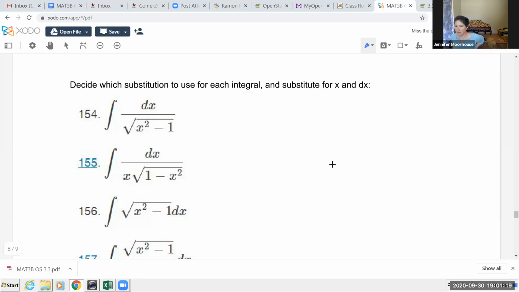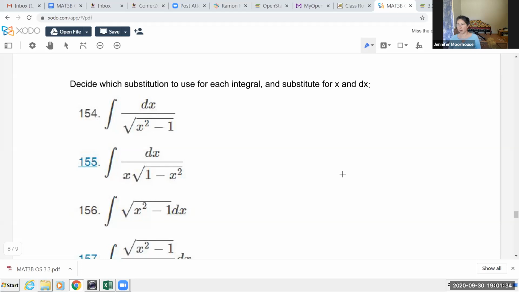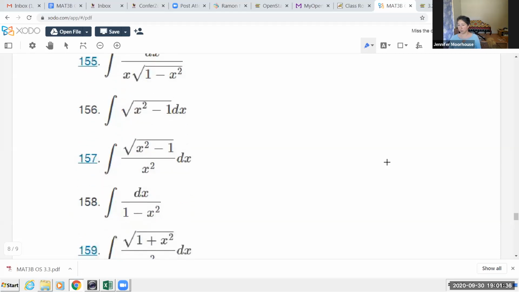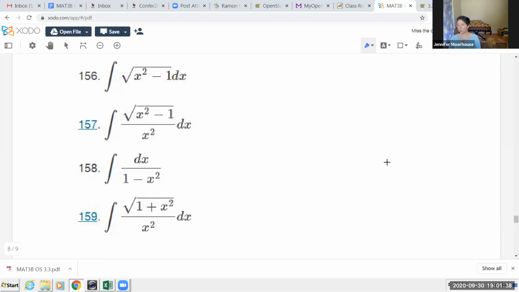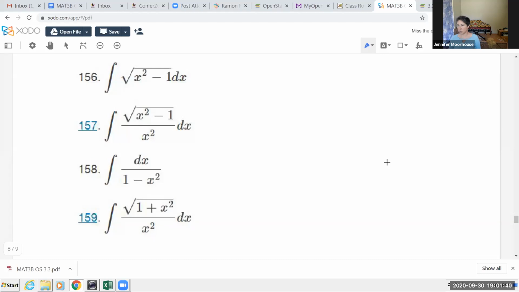For each one of these integrals, I want us to think about what substitution you would make. Try to go back through your notes and see which substitution you would want to use for each one.